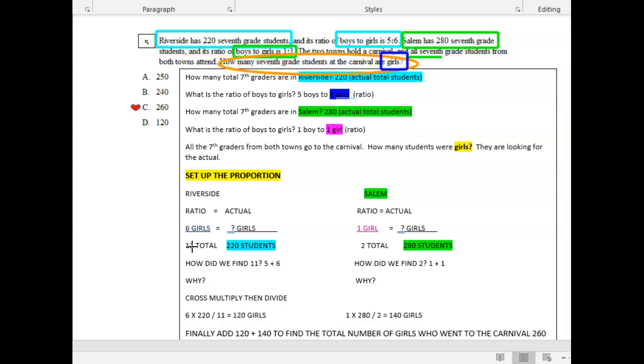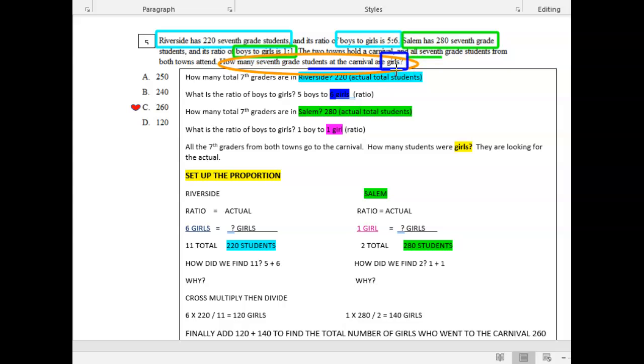Now, because the question is asking us about the girls, we are going to focus on the part of the ratios that represent girls. So, again, I'm going to repeat myself. Because the question is asking us about how many students were girls.